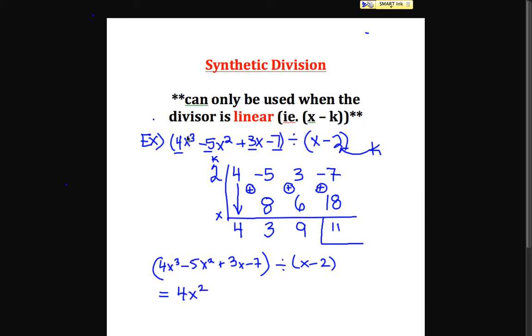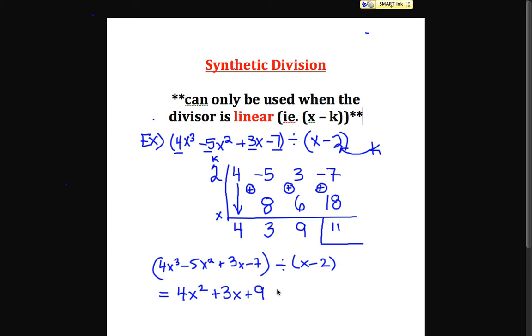It's going to be one degree less because we're dividing by a degree of 1. So x cubed divided by an x is going to leave us with x squared. Everything's going to go down a degree. It's 4x squared minus 5x... rather, the answer is 4x squared plus 3x plus 9 with a remainder of 11.